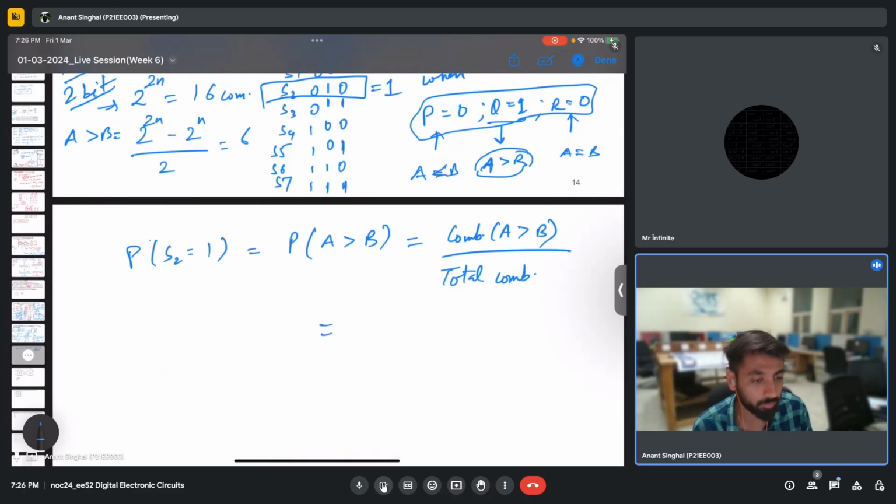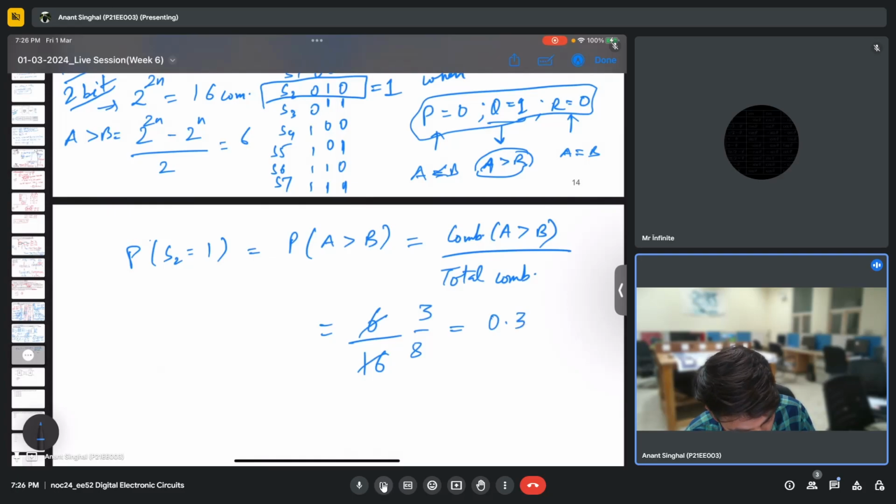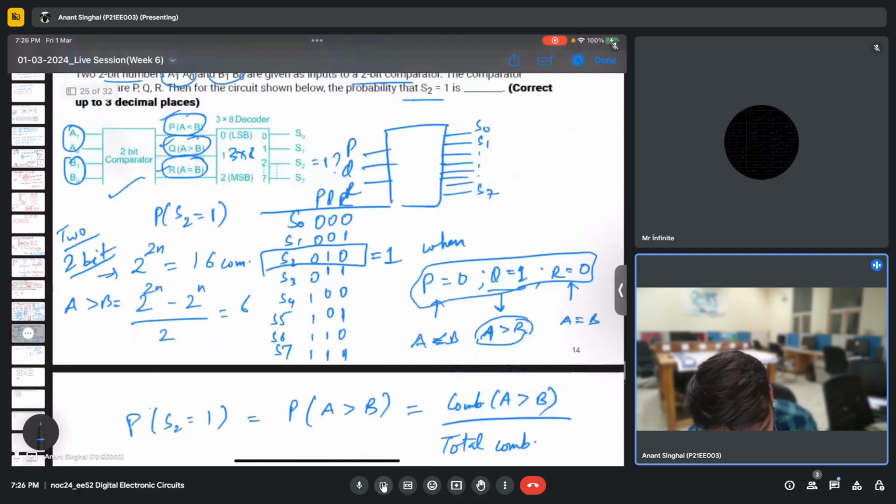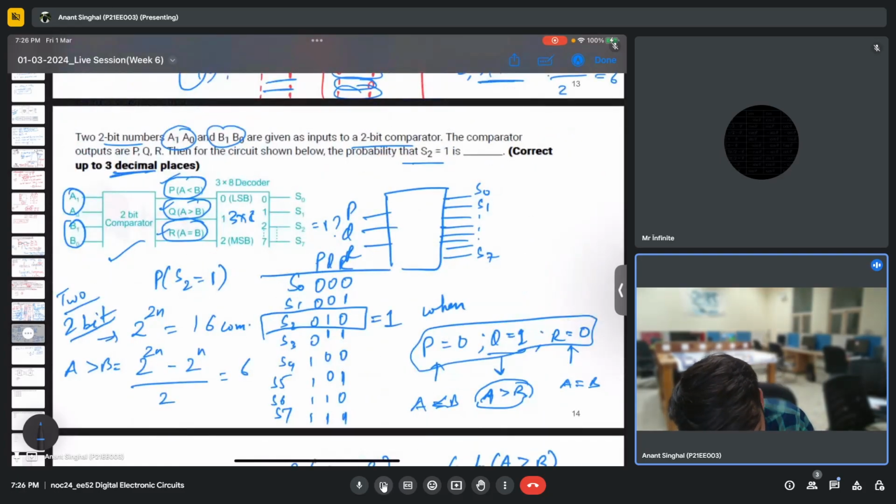We have just found out the formula in the last problem, which is 6 divided by 16, that is 3 by 8, that is 0.375. So this is the probability of S2 being 1. The correct answer up to 3 decimal places is 0.375.